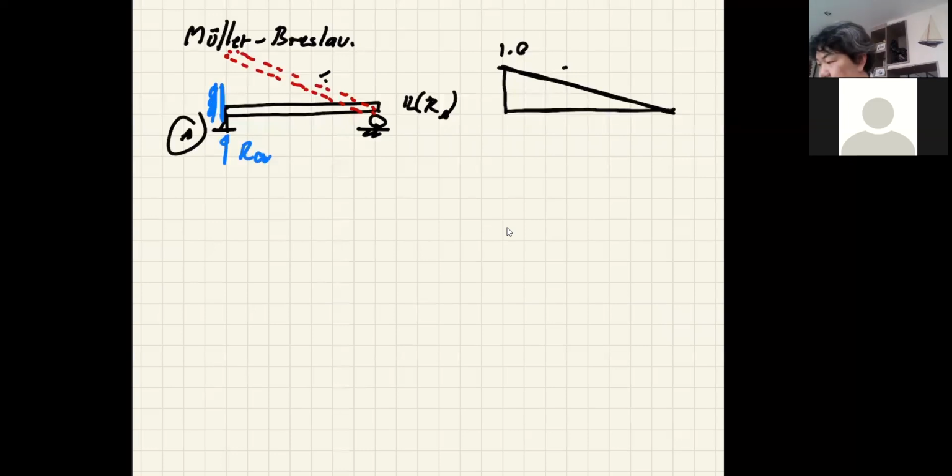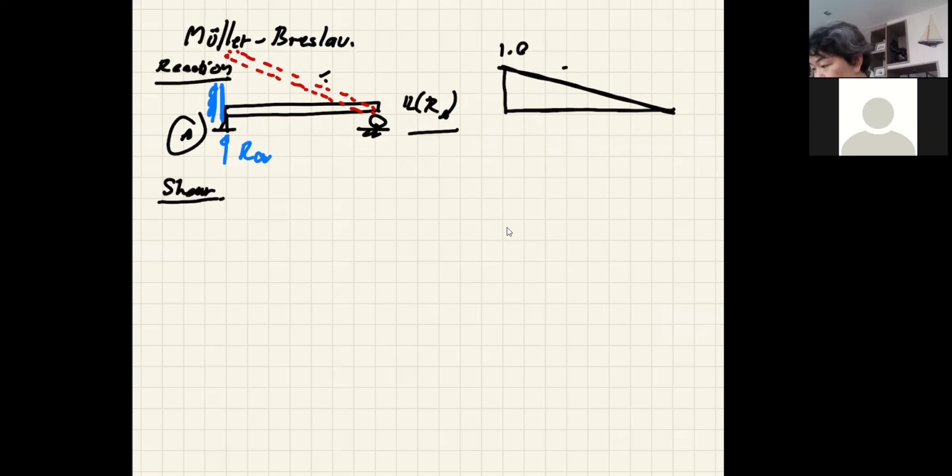Okay, this is the reaction. Next, let's see the shear.